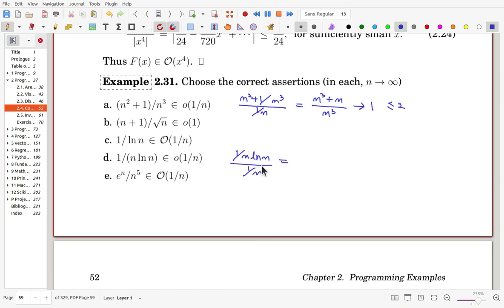Then we cancel 1 over n, and there is 1 over log n remaining. Now as n approaches infinity, this one approaches 0, so this term is in little o of that term, right? So the correct assertion is only this one.